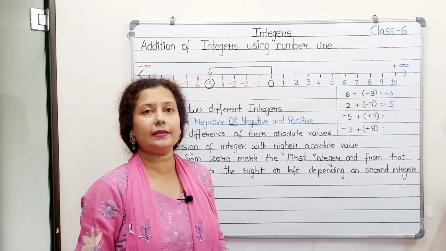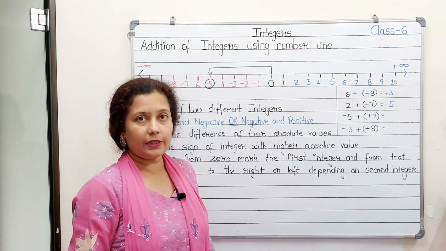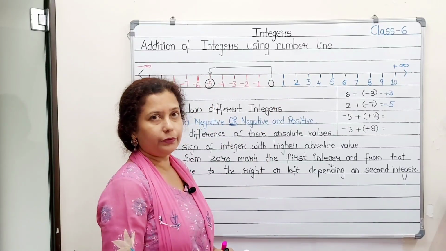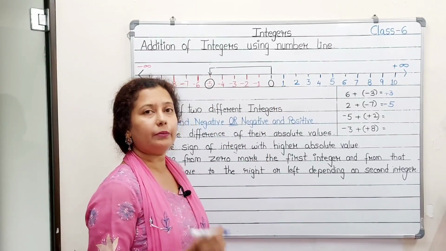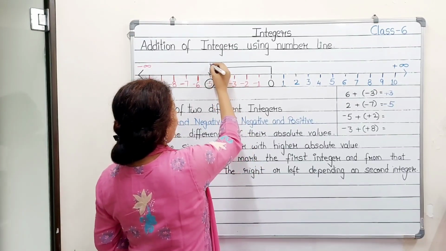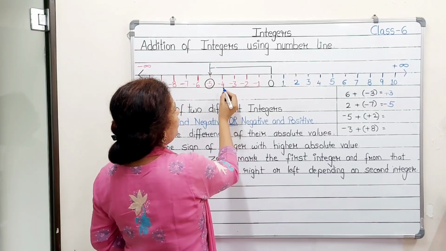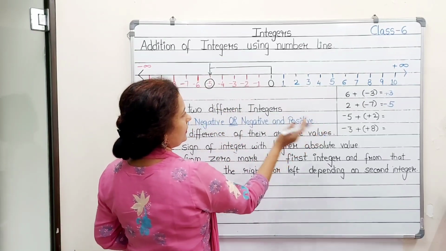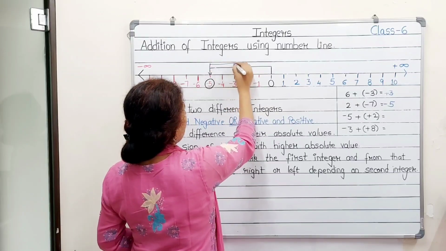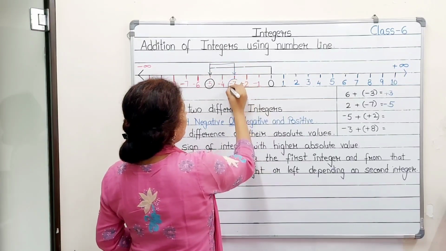The plus sign is there, so it is a positive integer. So we have to move to the right side from the first integer which we have marked. The first integer we have marked is minus 5. Move 2 units to the right. 1, 2. So here is minus 3.